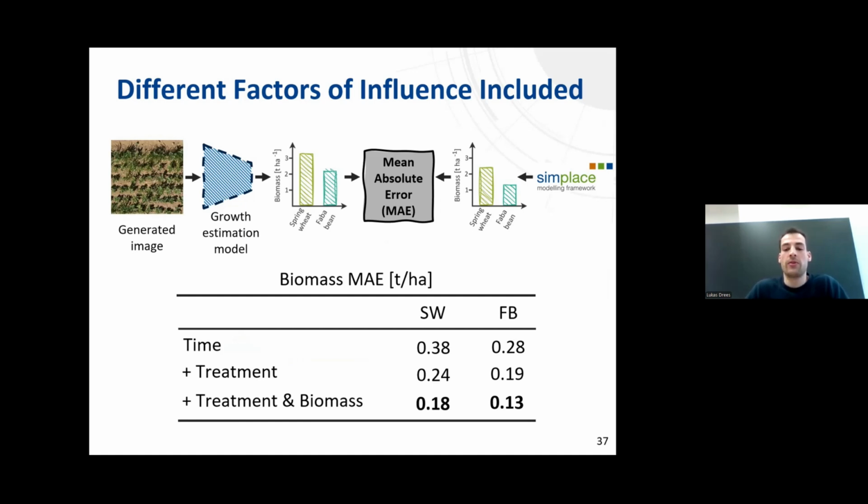And luckily, we can observe that the error decreases the more factors we include into the model. So that confirms somehow that the factors of influence really make a difference on the generated image and have really a positive impact, which we also expected.